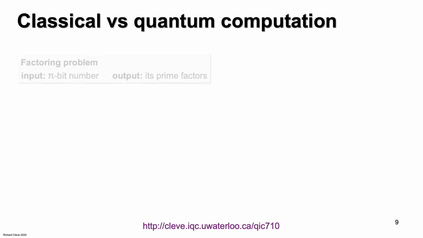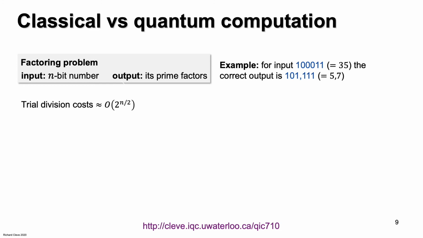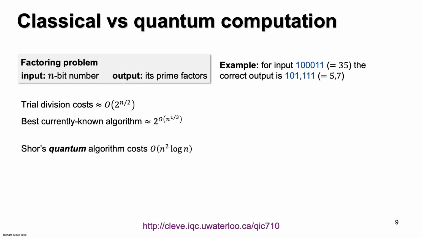For the problem of factoring an n-bit integer into primes, the best conventional algorithm known scales exponentially. That is, exponentially in the cube root of n. But on a quantum computer, that is, a computer that manipulates quantum bits, there is an algorithm that scales polynomially.